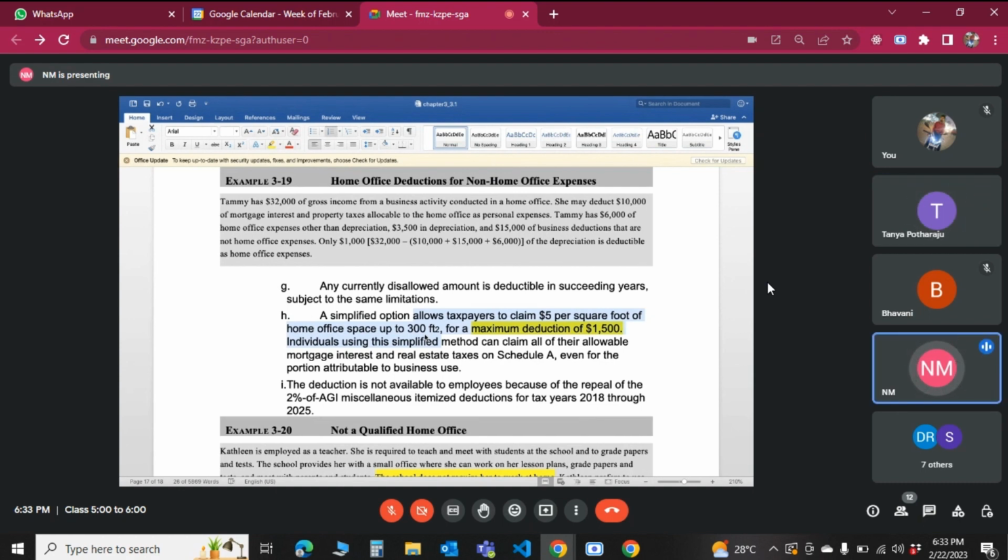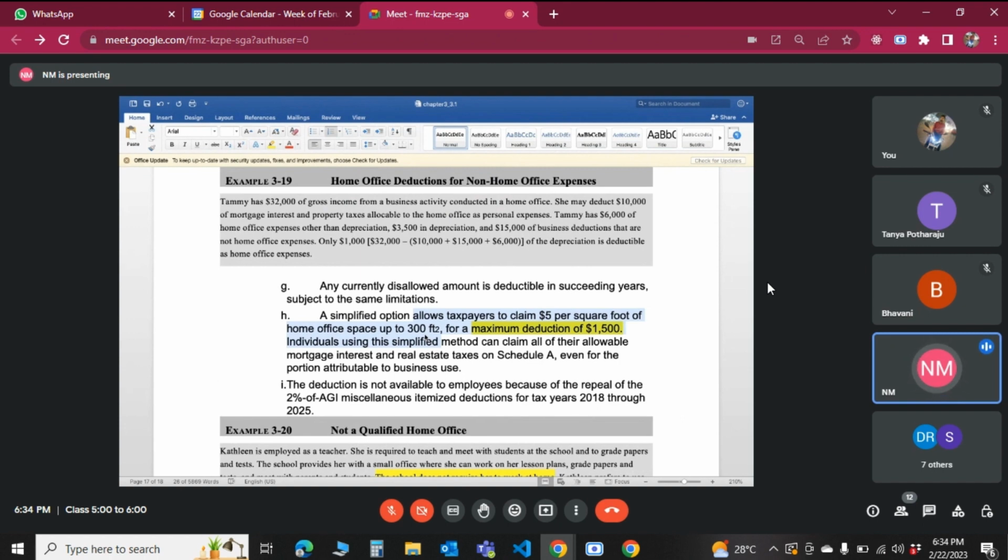It's $5 per square foot. So if you're using 300 square feet of area for office purposes in your home, then you straight away go ahead and claim 300 times 5, which is $1,500. That's what the IRS is saying. It's a simplified method, no questions asked. Just go ahead and take that as an expense.